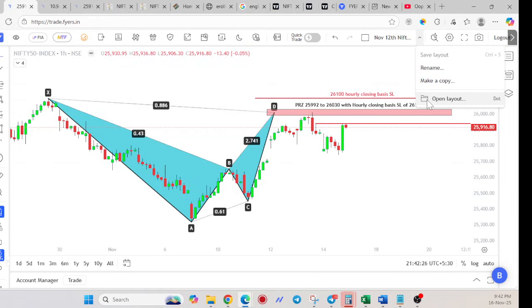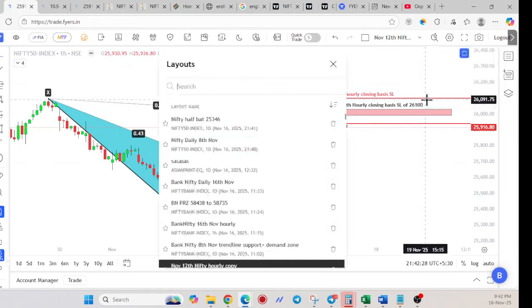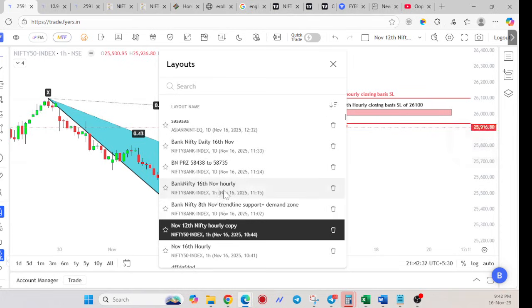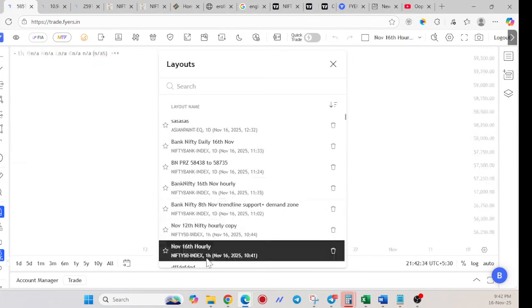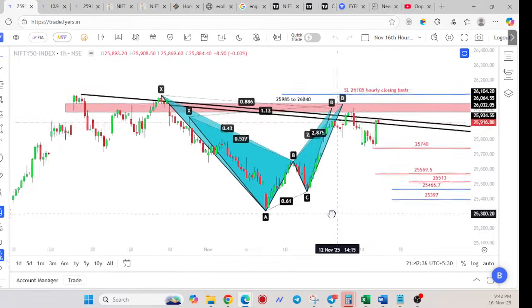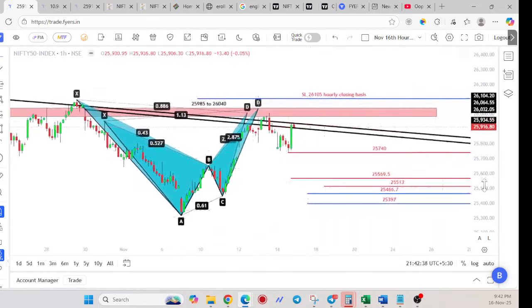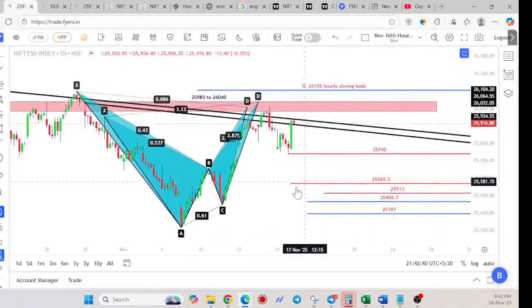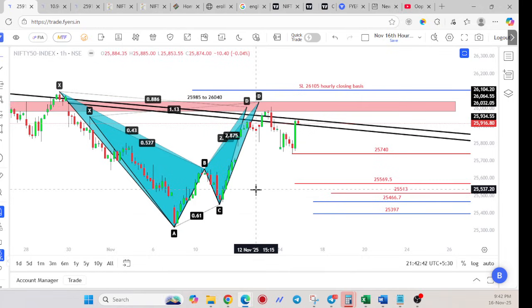Now let me change to one more chart. This is going to be a reference point, and a very important chart for us.